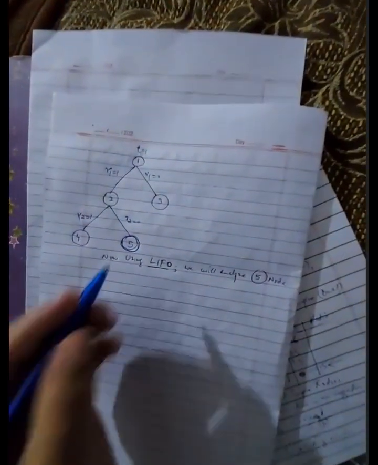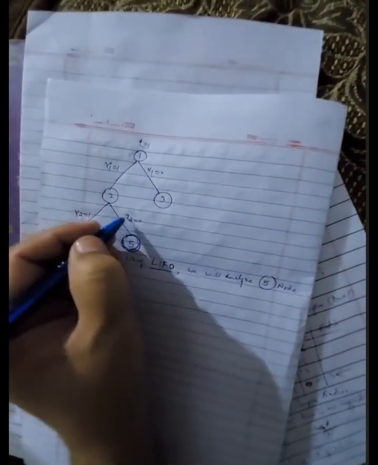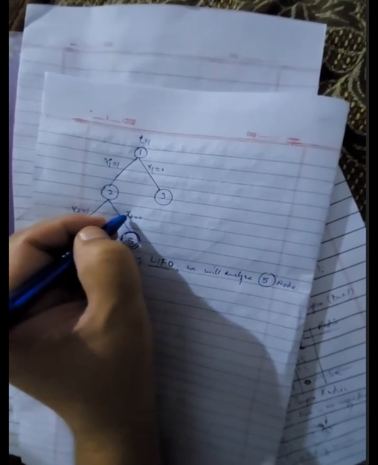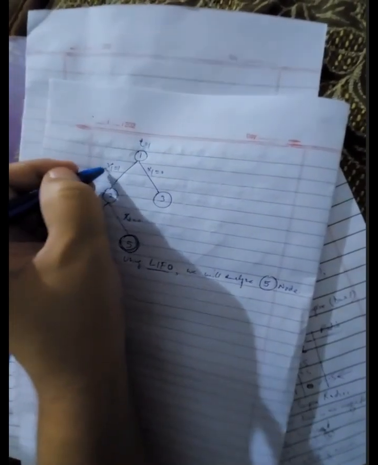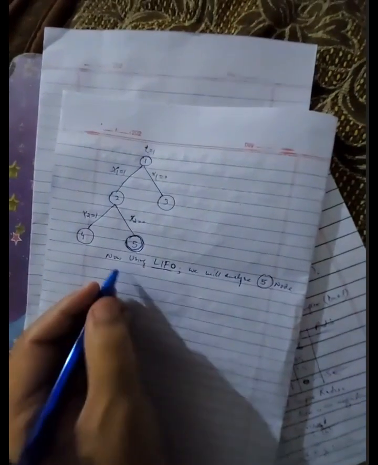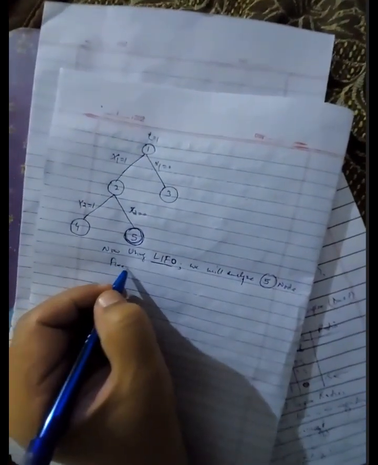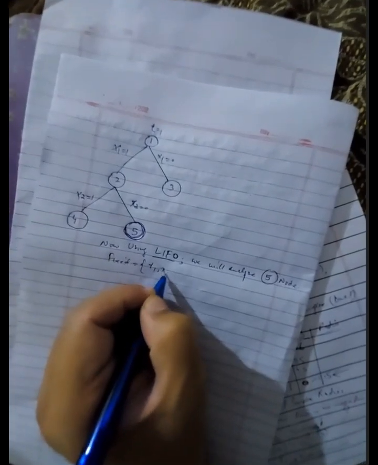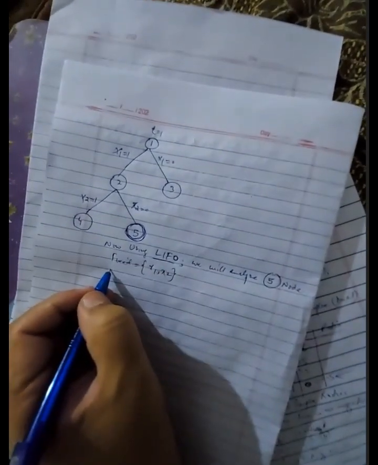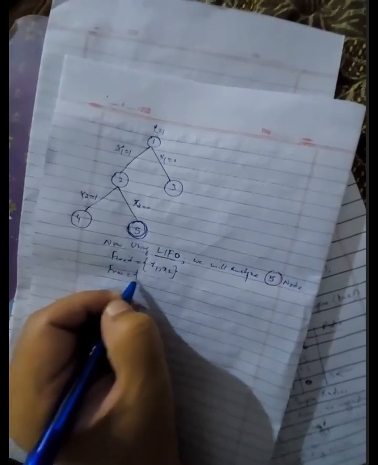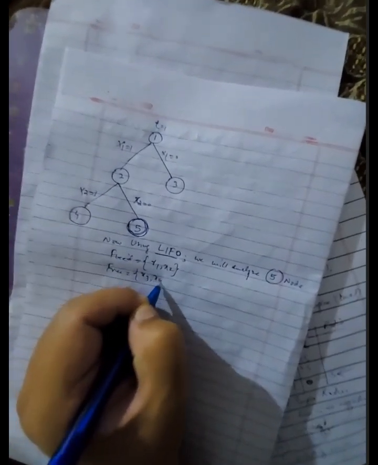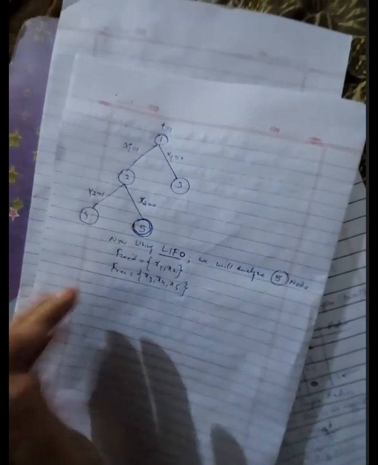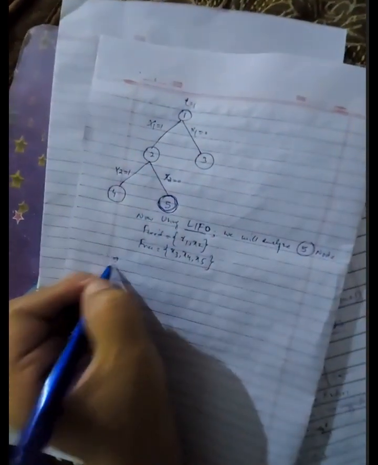Now if you see at this point, we have two fixed variables, x2 is equal to 0 and x1 is equal to 1. So the fixed are x1 and x2, and the free variables are x3, x4 and x5.